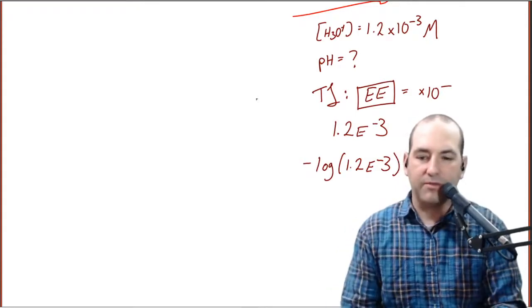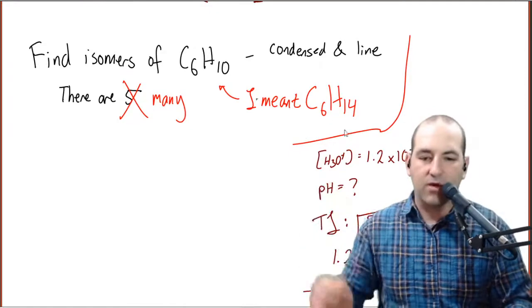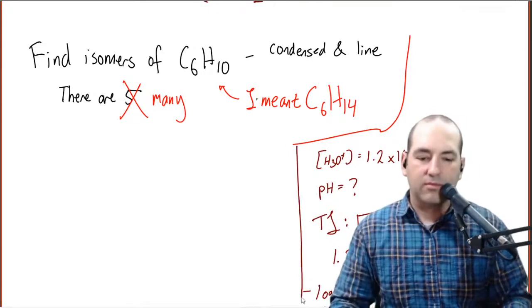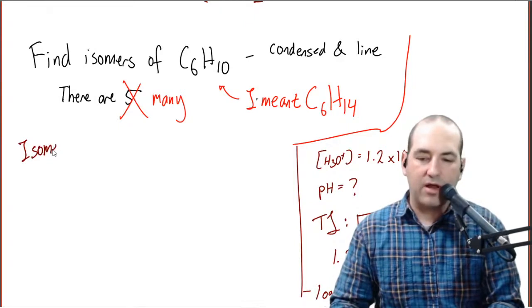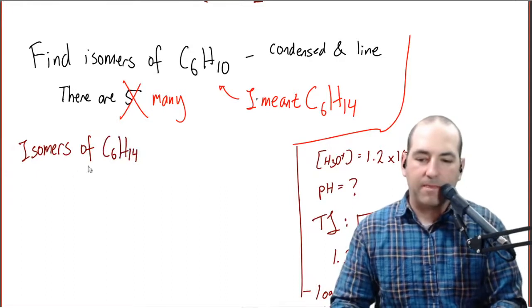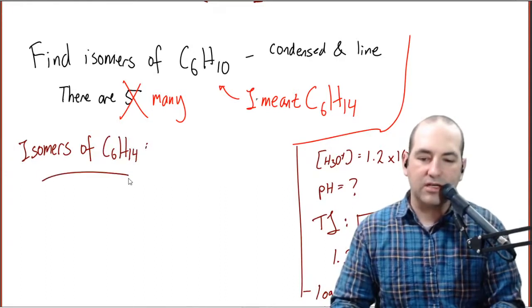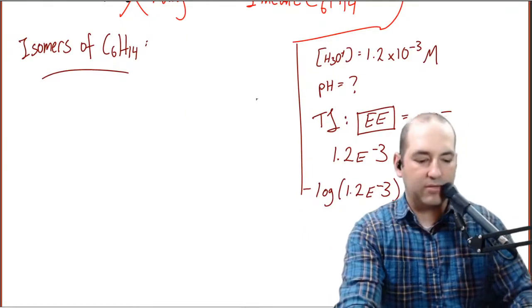Okay, I'm going to log into Mastering Chemistry. While I do that, since I got this one wrong before, see if you can come up with, just right now on whatever you have to write with, how many isomers of C6H14 you can come up with while I'm getting into Mastering Chemistry.